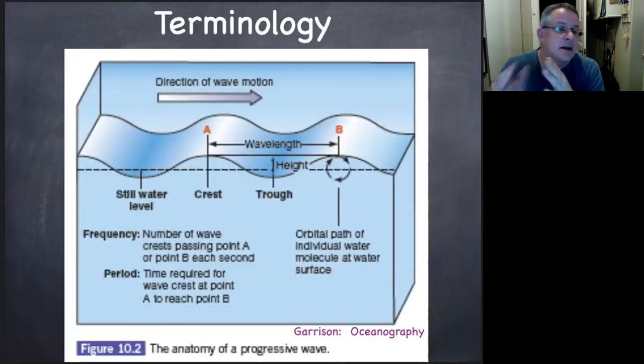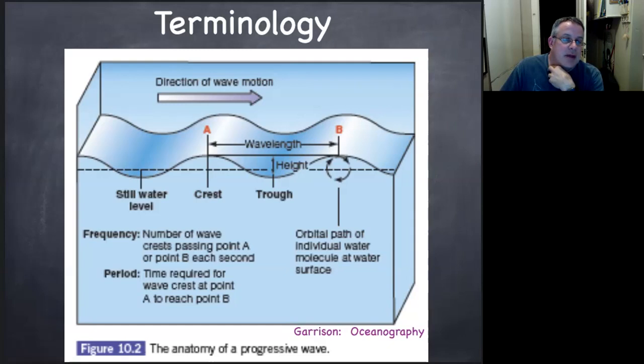Okay, but there are some things that we should get used to, which I've been using without defining, so let's get back to that. A crest is the peak of the wave above the still water level. A trough is the bottom of the wave, the part below the still water level. The wave height is typically the distance between the still water level and either the peak or the trough.